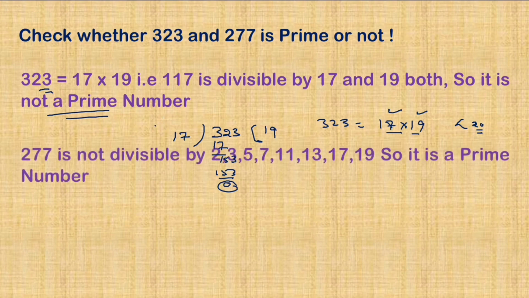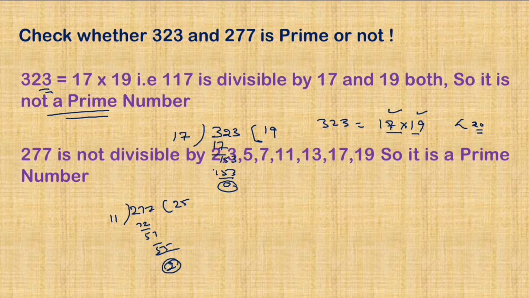Let us see another example: 277. Let us divide it by 11. 11 2s are 22, 5 7, 11 5s are 55. We get the remainder 2.